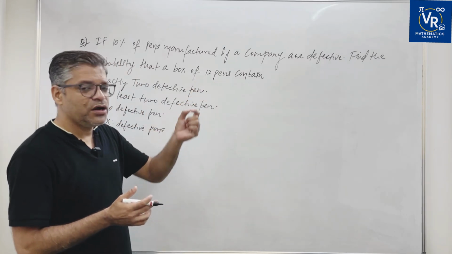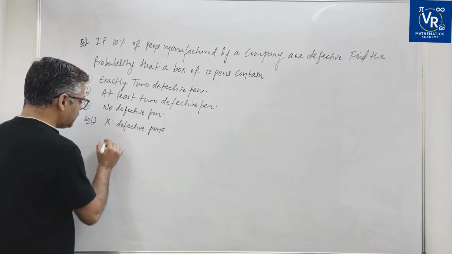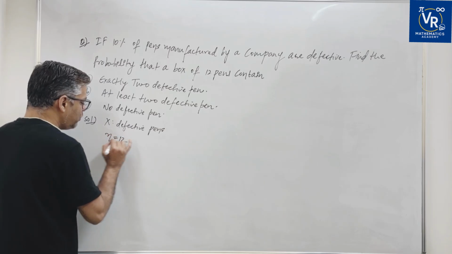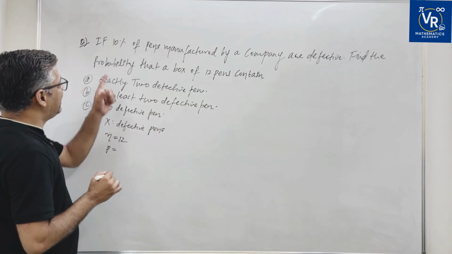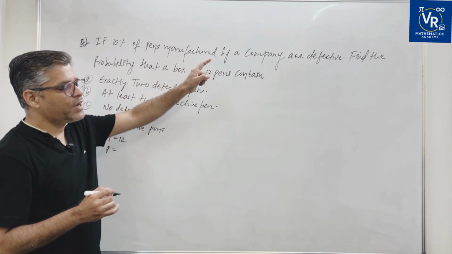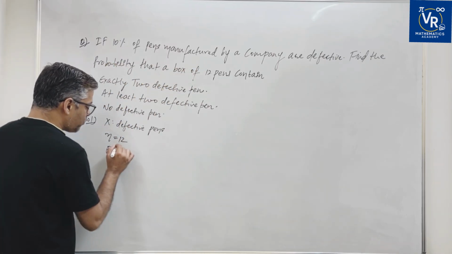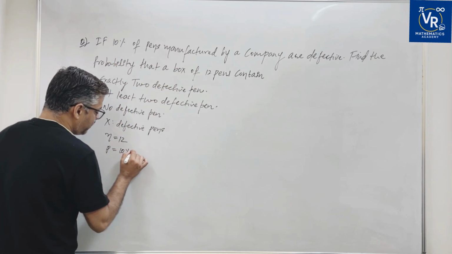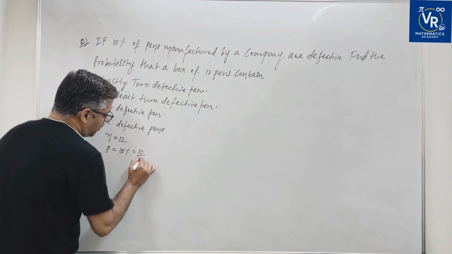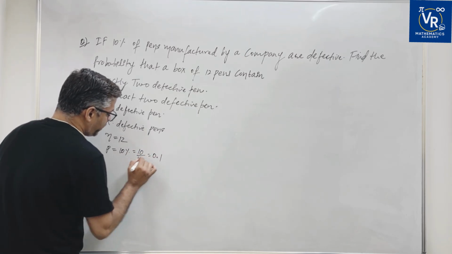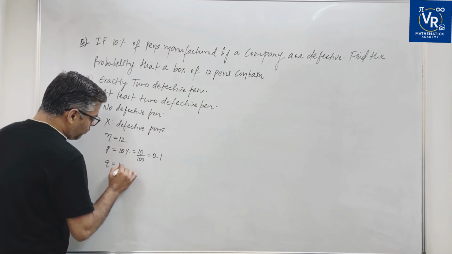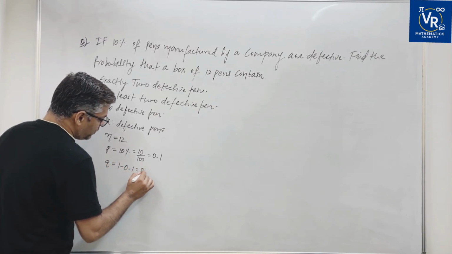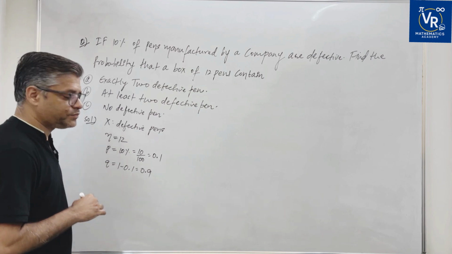A box contains a total of 12 pens, that is, the small n value is 12. Probability of success: 10% of pens manufactured by a company are defective, that is, the probability of success is 10%, which is 10 upon 100, that is 0.1. The probability of failure q we can write as 1 minus 0.1, that is 0.9.